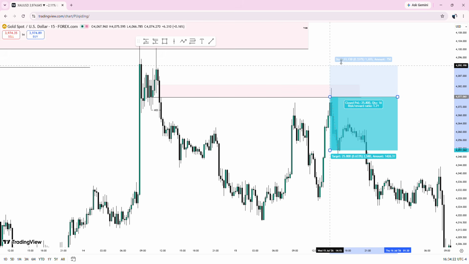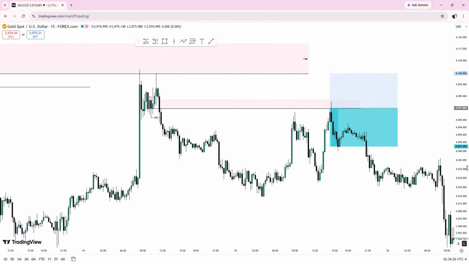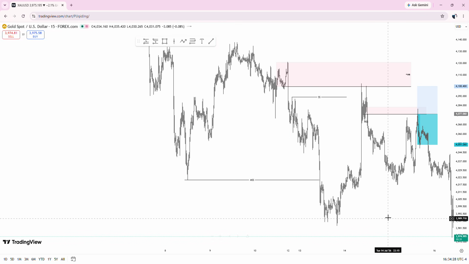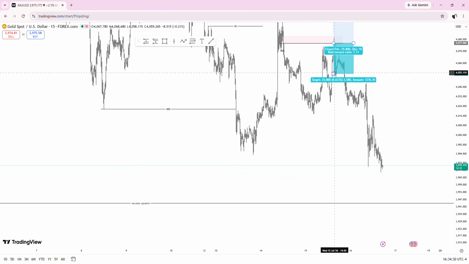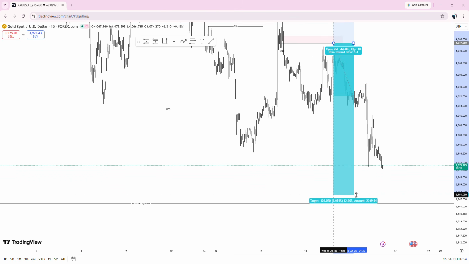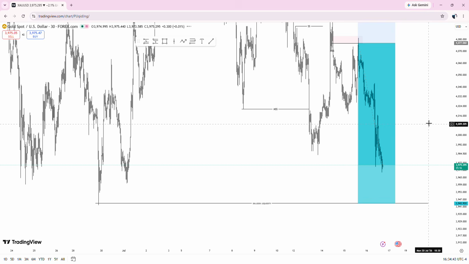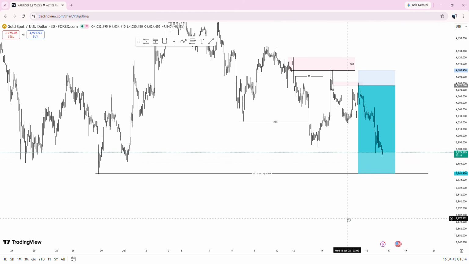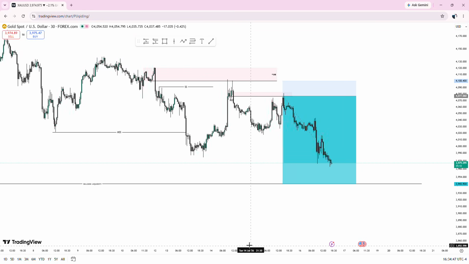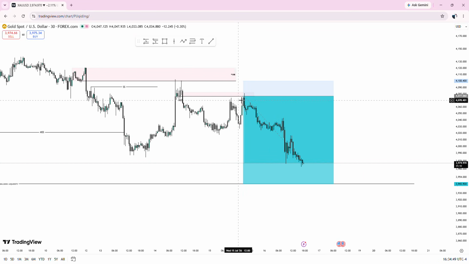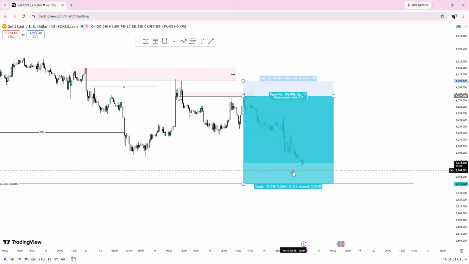Then my stop loss goes above the structural high. My risk to reward ratio is going to be big for this one because I am targeting to see the market retrade all the way to that sell side liquidity resting down there. A bit late for this particular prediction on the market, but regardless, that's how you could have got that good movement to the downside.